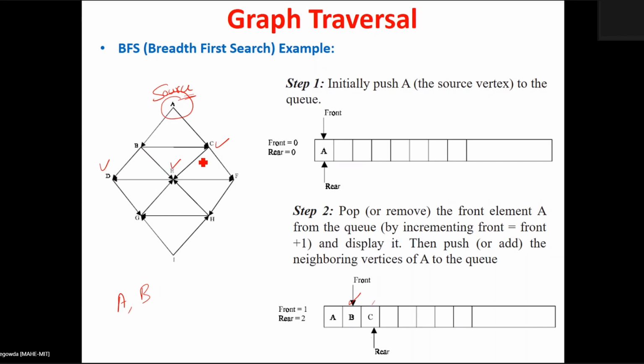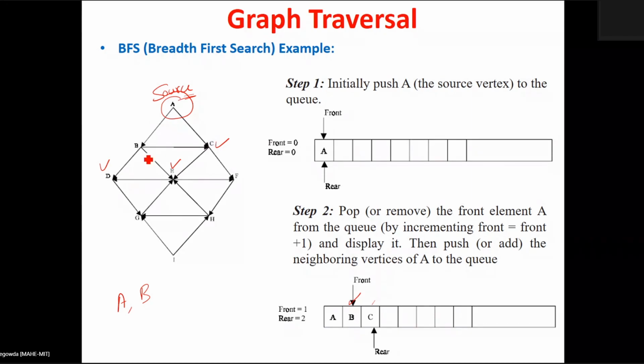Before pushing, you have to see whether some of the neighbors of B are already in the queue or not. If you look at the queue, I have a C in the queue. When the vertex C is already in the queue, you need not push the same vertex once again.